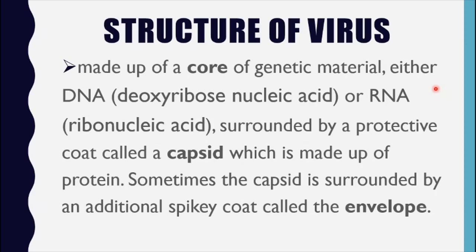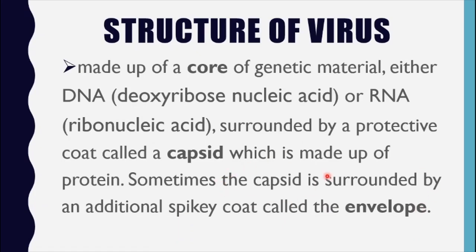So that is the function of the DNA and RNA. The capsid is a protective coat, also made of protein, that surrounds the core, and the envelope can be a spiky coat that surrounds the capsid.